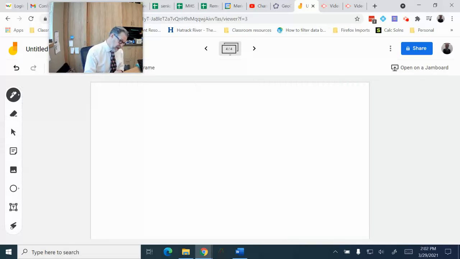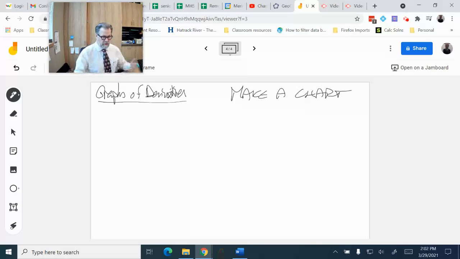All right, graphs of derivatives. What do we do with graphs of derivatives? Well, the first thing we're going to do is make a chart. Every time you are given the graph of a derivative, start by making a chart, and your chart's going to look like this. Put on your critical points.